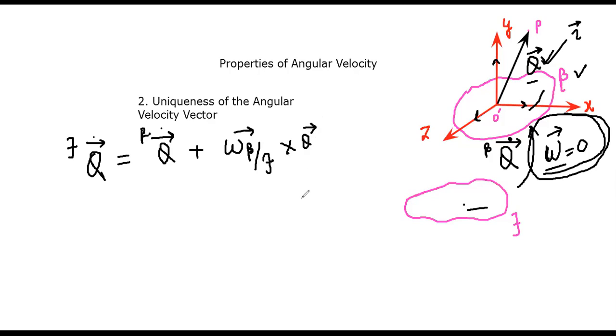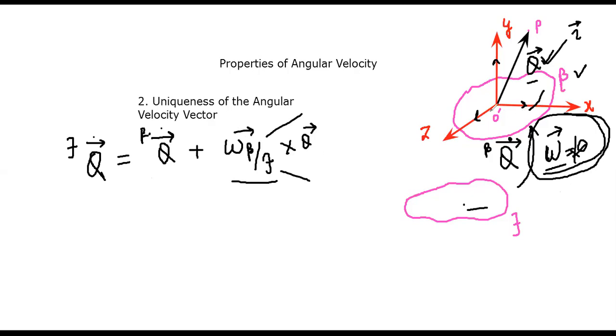Now, if someone says that the value of the angular velocity omega satisfies this equation, suppose there are more than one values of omega that satisfy this equation. What does that mean?